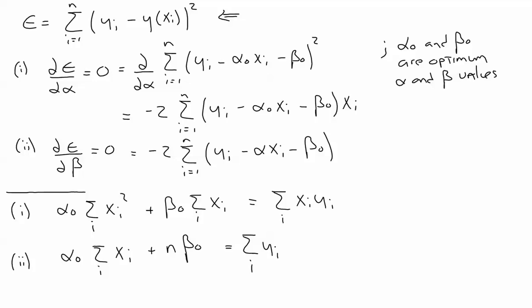All right, so we can very easily, by looking at the second equation, divide by n everywhere and solve for beta naught. And then I'm going to plug beta naught back up into equation 1.